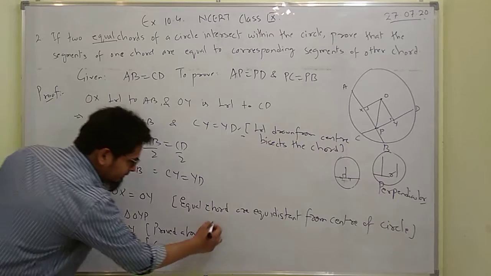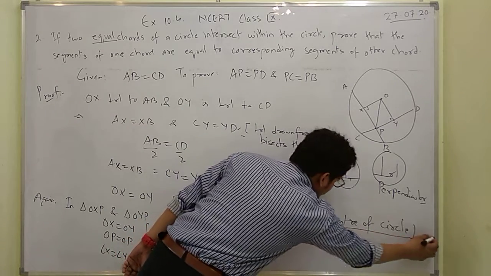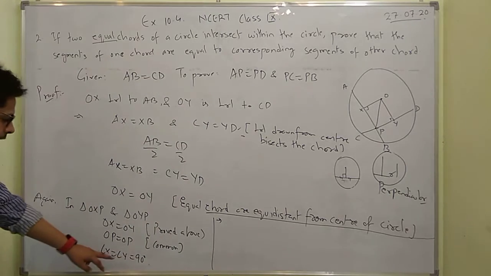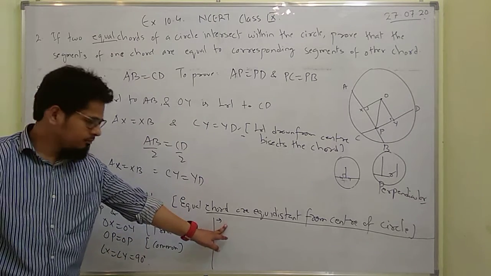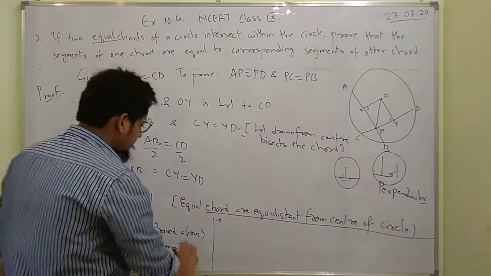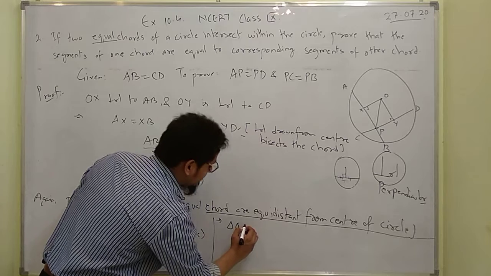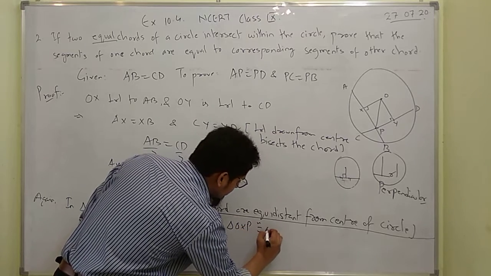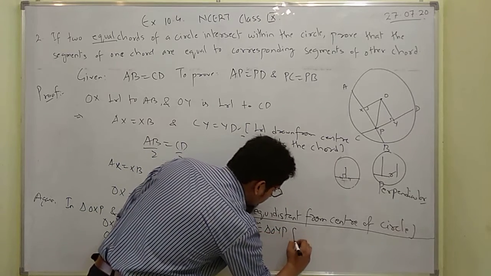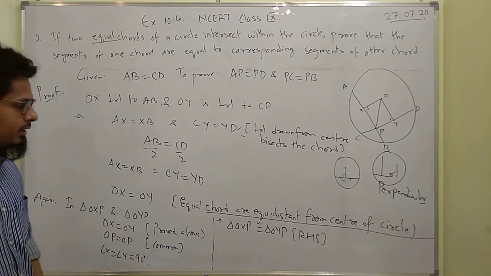After this step I am drawing a line, you come here, okay? I draw the line, don't be confused. After here you start from this line. So you write here triangle OXP is congruent to triangle OYP with the help of RHS, right angle hypotenuse side, right?